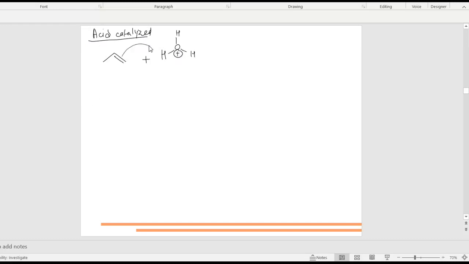So we have a nucleophile electrophilic attack, putting these electrons over here. So the first step is formation of the carbocation. Water is formed, right? The next step, the water attacks the carbon atom with the positive charge. So nucleophilic electrophilic attack.